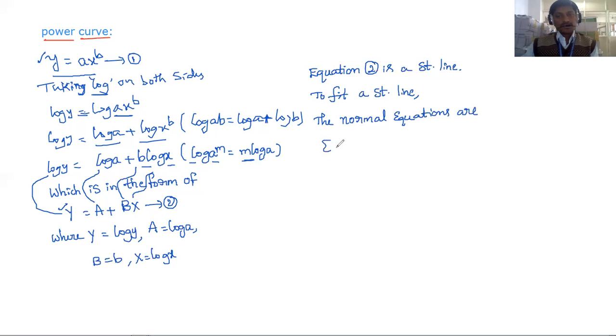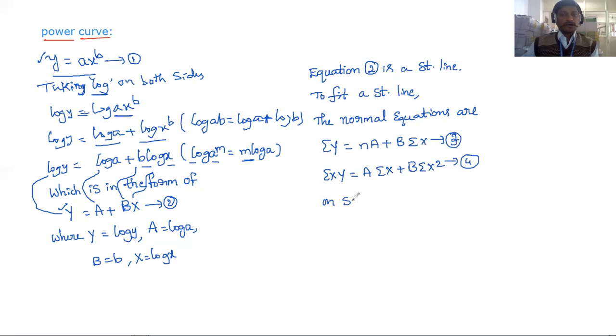Same as before: summation y is equal to na plus b summation x, and next one, summation xy is equal to a summation x plus b summation x square. These are the two normal equations; let this be equation 3 and this be equation 4. On solving 3 and 4 we get the values of a and b.